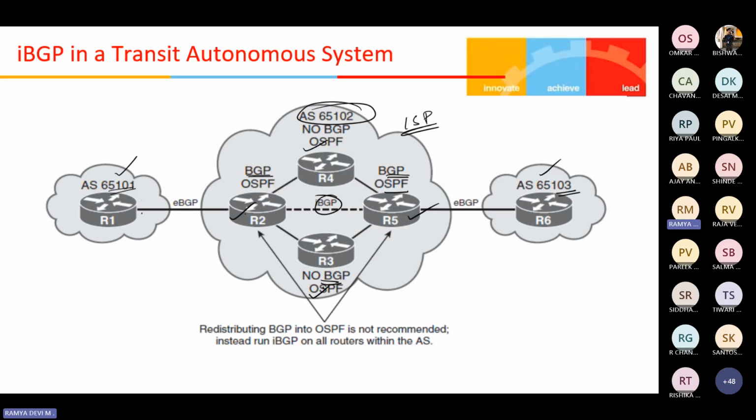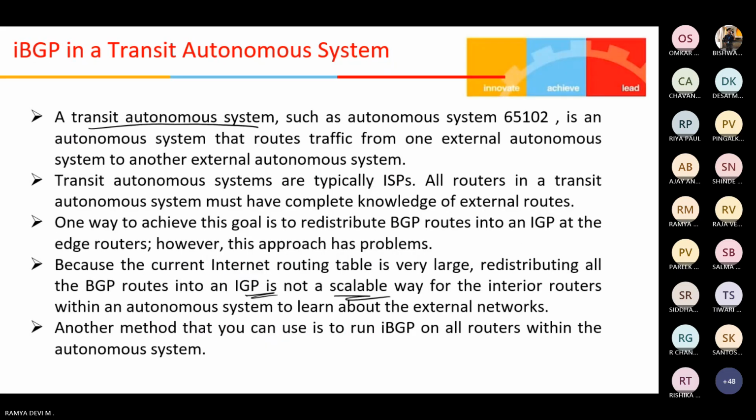So in order to avoid that, we can even make R3 and R4 run BGP. Fine. So we can limit the scalability problems. It scales much better, and also it keeps the full BGP path attributes. So it allows all the routers to learn about the external networks. Fine. That is the advantage.